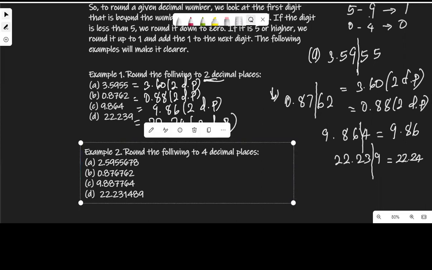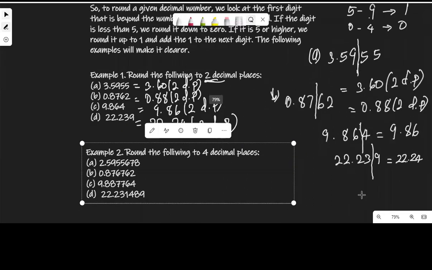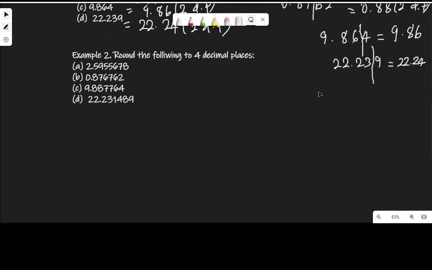Let me create more space for example 2. In example 2, we are to round each of the numbers to 4 decimal places. Let me start with A. I have 2.5955678. I want to round to 4 decimal places. So let's count and get the position of 4 decimal places.